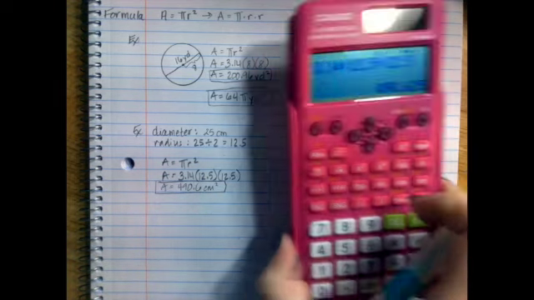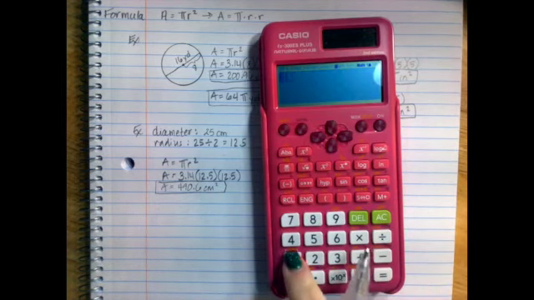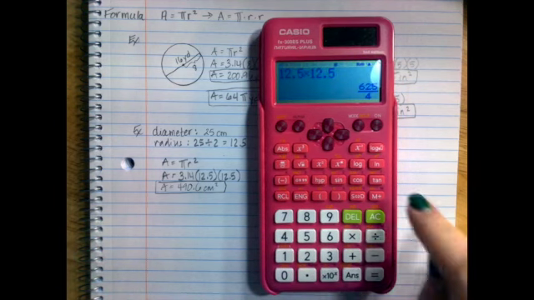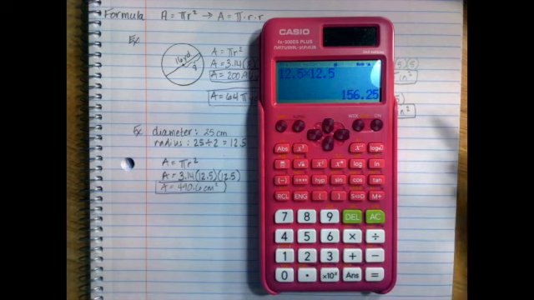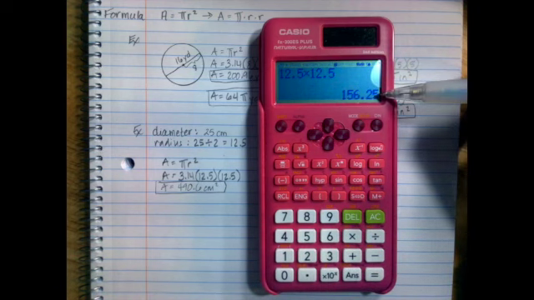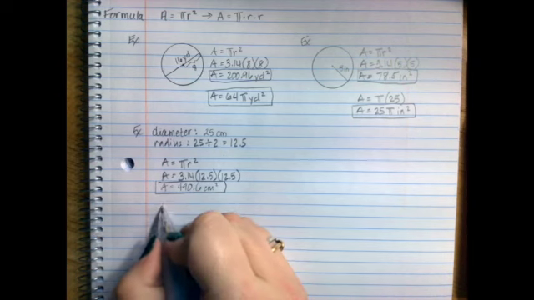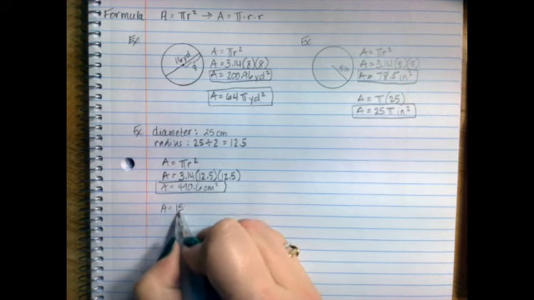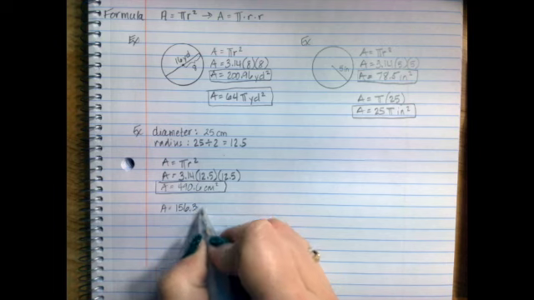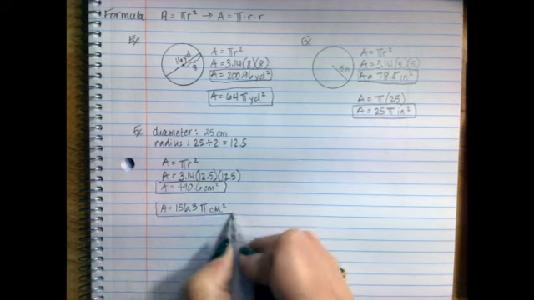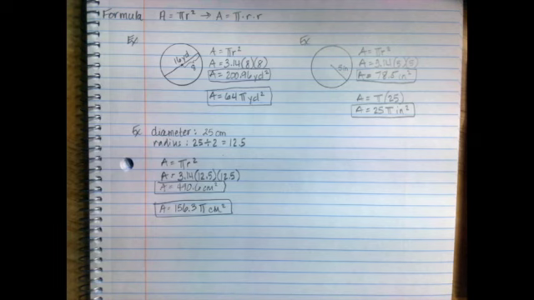And in terms of pi, 12.5 times 12.5 gives me 156.3 if I'm rounding to the tenths. 156.3. So 156.3 pi centimeters squared. I hope that helps you.